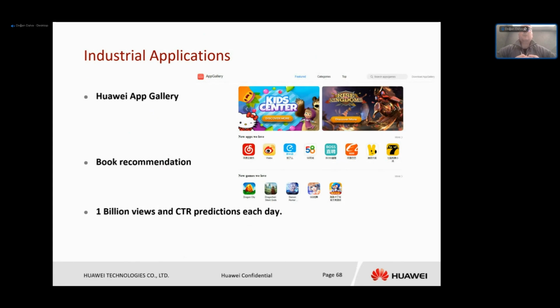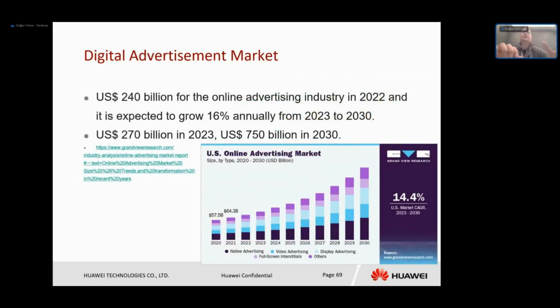The digital advertisement market is increasing, so the revenues and the budgets are increasing every year, and it's expected to grow 16% annually from 2023 to 2030, and to reach 750 billion US dollars in 2030.